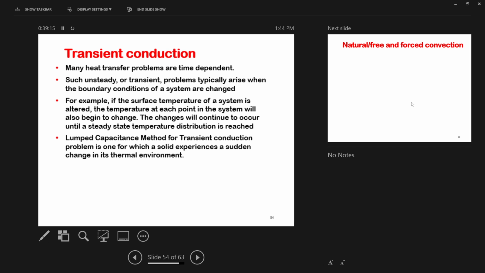Let's say you have a liquid pool at a specific temperature T infinity, and you have a solid ball at a different temperature Ts, right? And you just drop the ball inside your liquid pool, right?